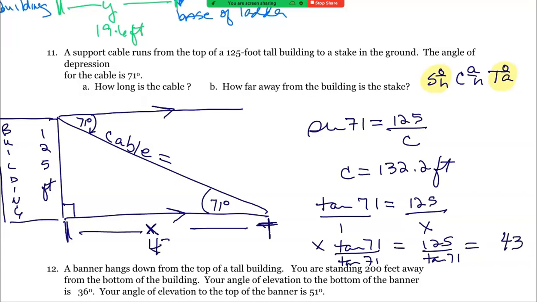So this is 43. That seems reasonable because 71 is a very large acute angle. It's across from a large building size of 125. The cable has to be the largest because it is the hypotenuse, and it is. And 43 should be the smallest of the three, and it is. So I am good to go.